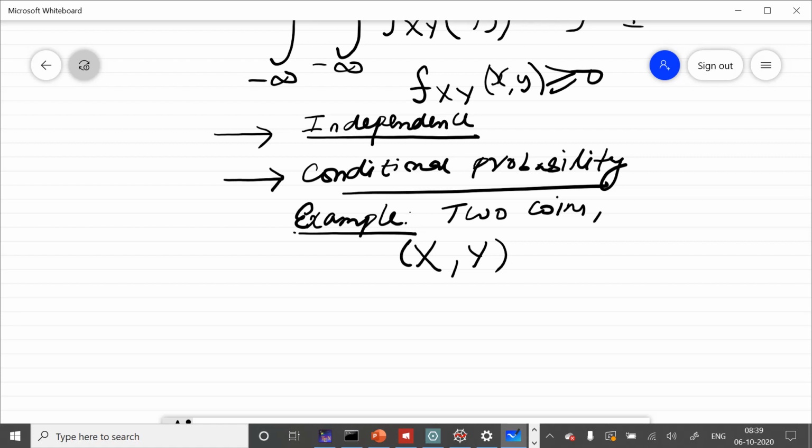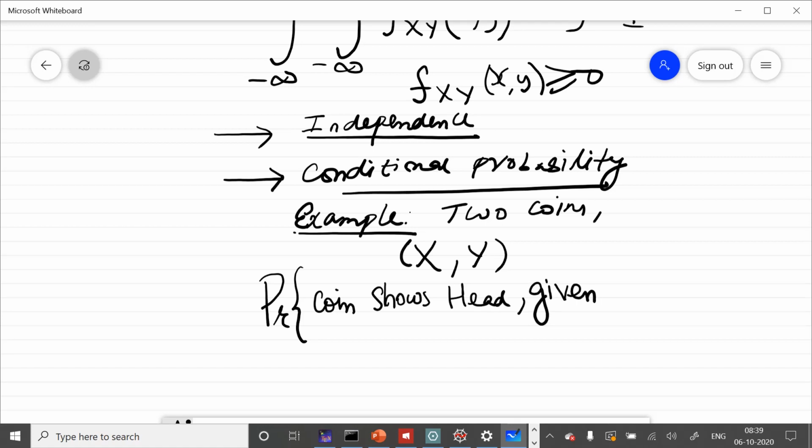Now if you look at it, we can ask this question: what is the probability that the coin shows head, given, so here is the language I'm using, given a fair coin is chosen?